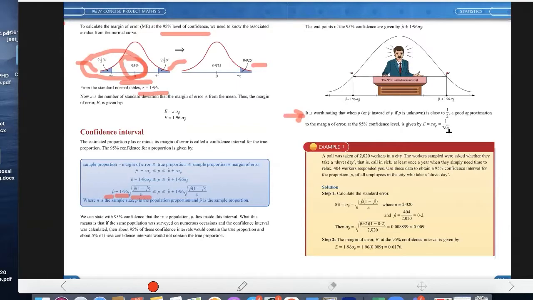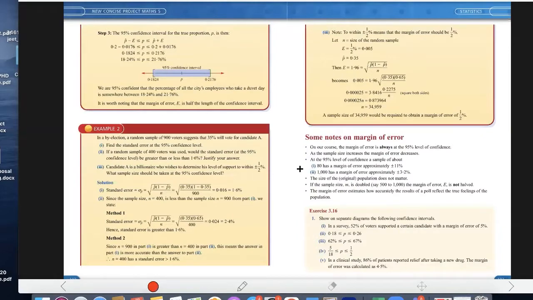So there's a time when the two formulas will give you almost the same answer, and then you'll find there's questions where they'll be a little bit apart. So use sigma p in general. So that's the margin of error.